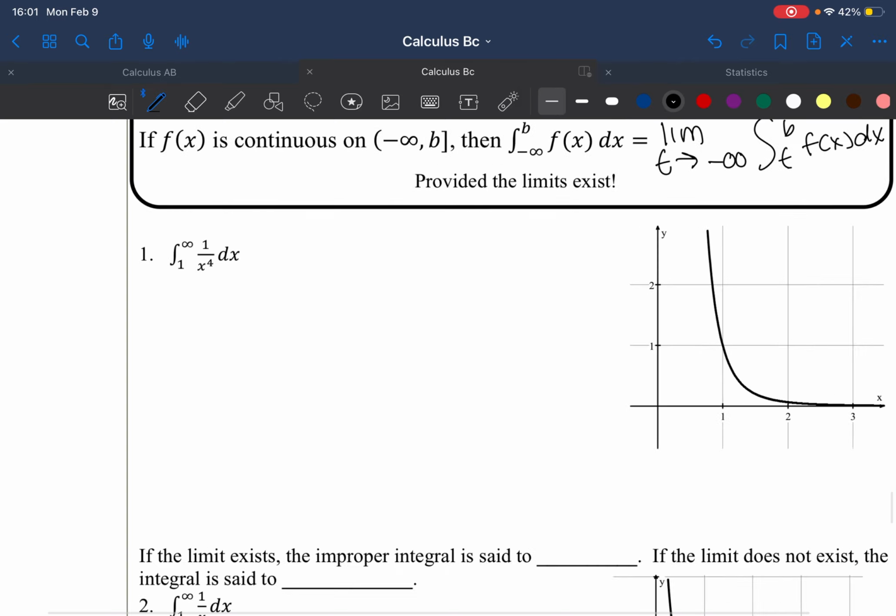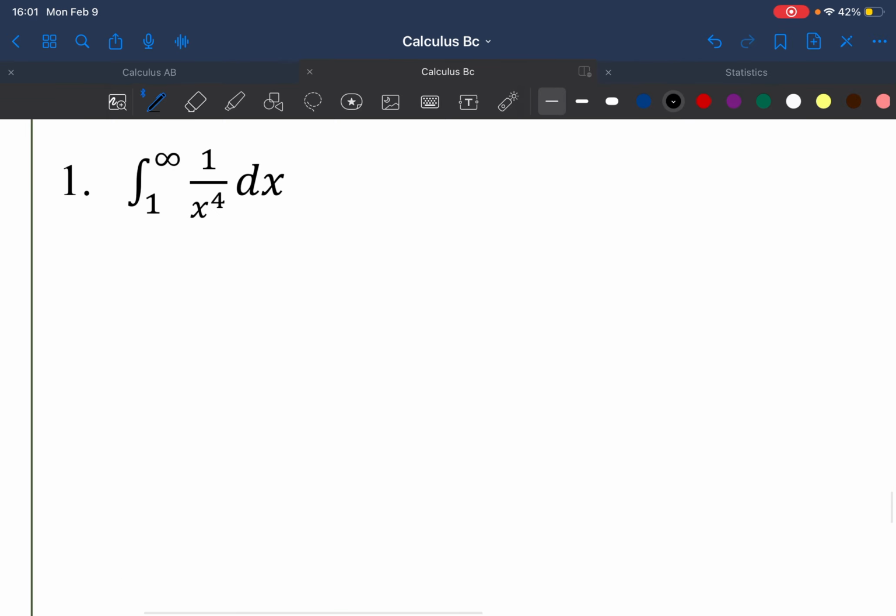So looking at number one, it says the integral from 1 to infinity of 1 over x to the 4th dx. Well, I can first rewrite this as the integral from 1 to infinity of x to the -4 dx. Okay, and then since I have an infinity in my integration, I'm going to use that limit as t approaches infinity.